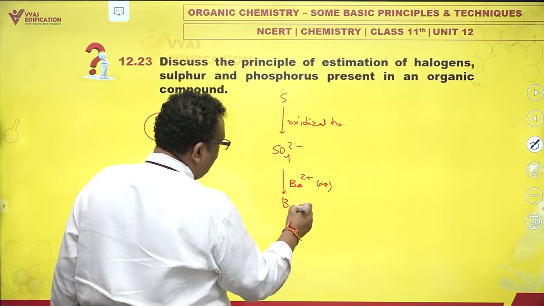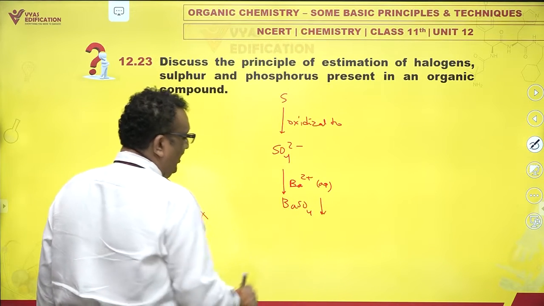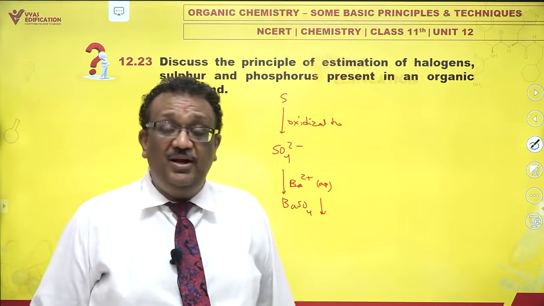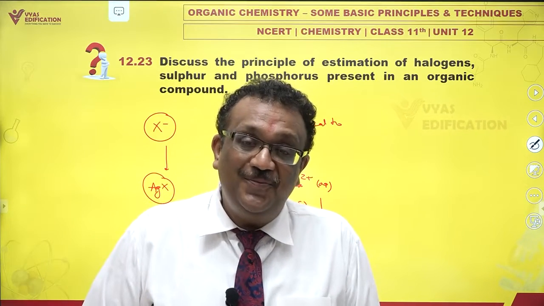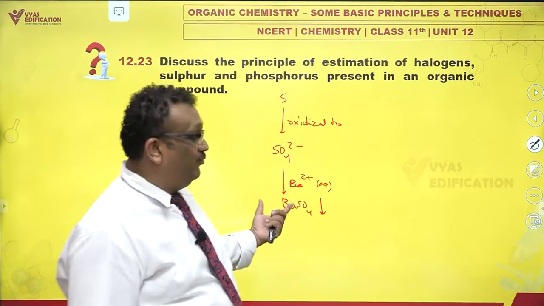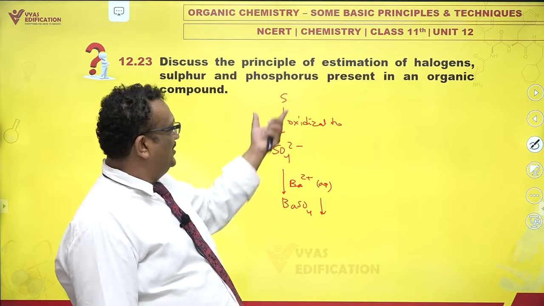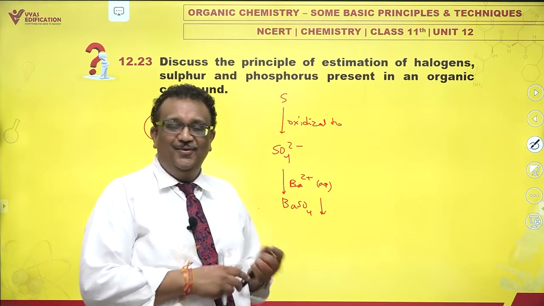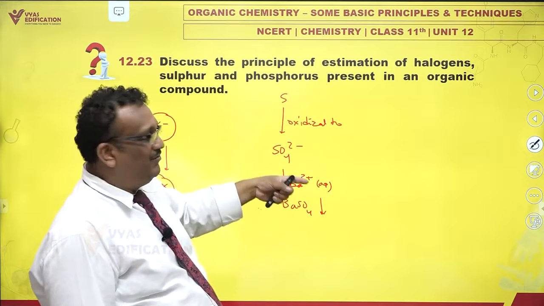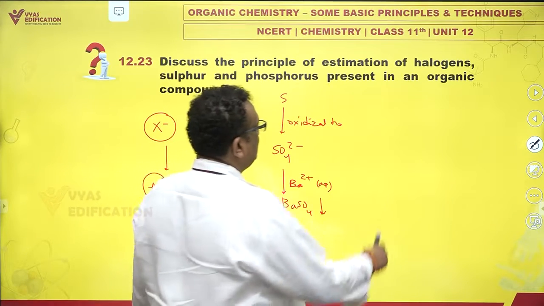So this sulfur is precipitated entirely as barium sulfate, and the mass of barium sulfate can be experimentally measured. This will give you the mass of BaSO4. From there you can calculate moles of BaSO4, and from there you can estimate the moles of sulfur, etc.